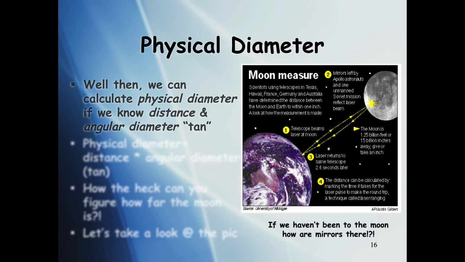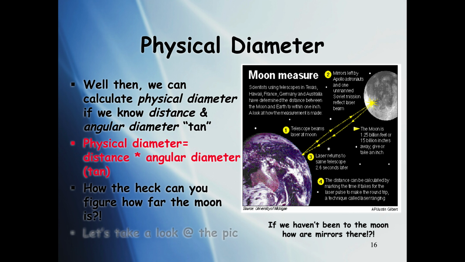We're not going to go too much into this calculation here, but I did want to show you how you would calculate the physical diameter. If you take the distance times the tangent of the angular diameter, that will give you the actual size.